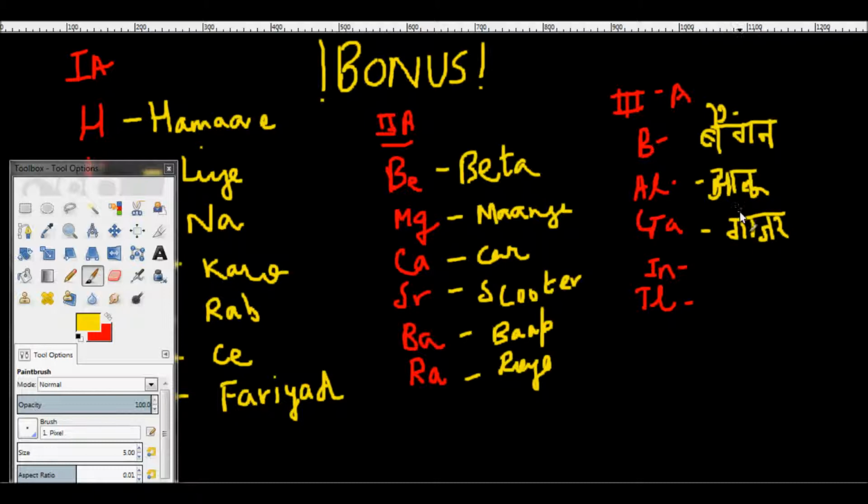Bangan, aloo, gajar. In means, it's actually in thela. And thela is actually again a Hindi word. Thela means a bag or a plastic bag. So this is just a woman going shopping and buying some vegetables. So you have bangan, aloo, gajar, and thela.